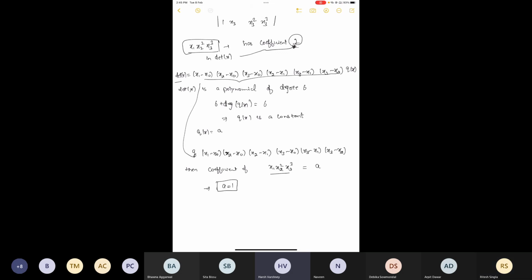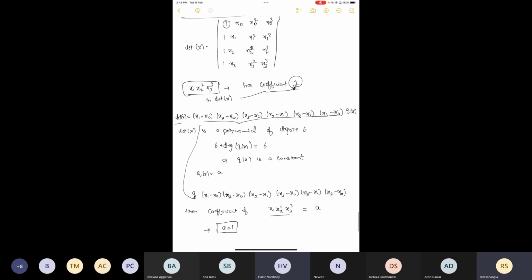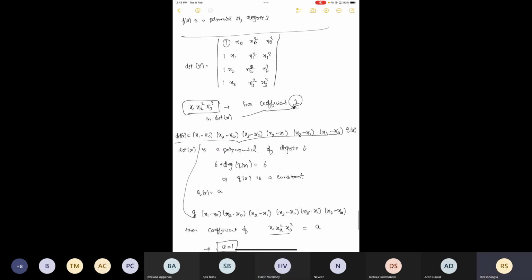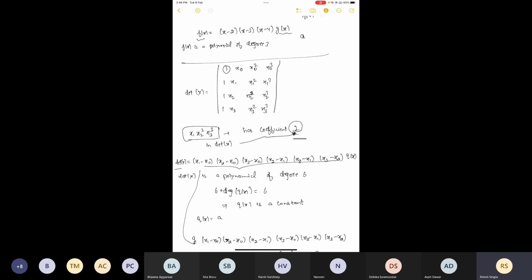Can you please explain how the coefficient of x1 x2 square x3 cube is 1? Yes, sir. When I solve using the first row and first column, I will get 1. So this and this will get cancelled, and the determinant of x1, x1 square, x1 cube; x2, x2 square, x2 cube; x3, x3 square, x3 cube, right?